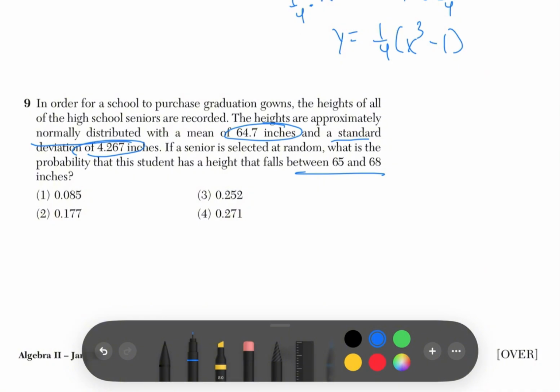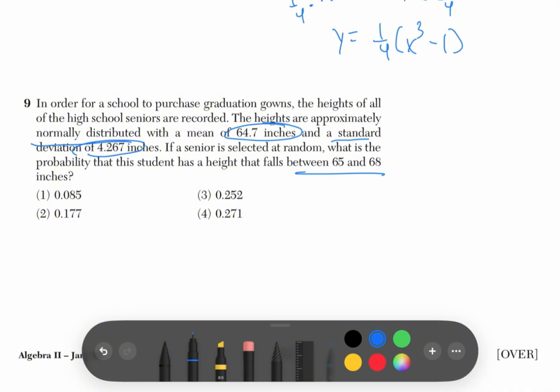To do this problem, you need to do the norm CDF. So you need to go to distributions and hit normal CDF, then choose your lower and upper bounds, and then input your standard deviation and your mean. So our lower bound is 65, our upper bound is 68, our mean is 64.7, and our standard deviation is 4.267.